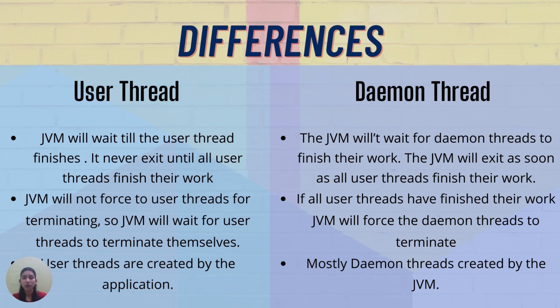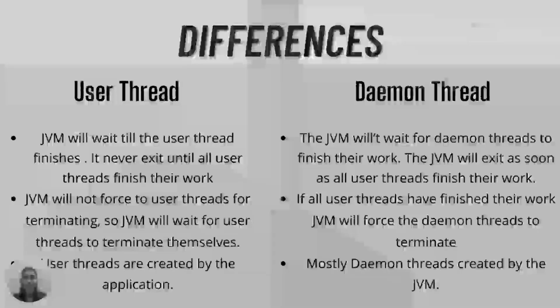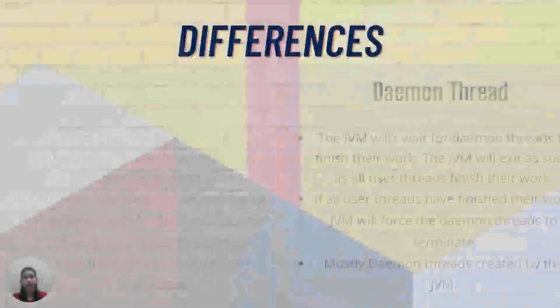The JVM will not force the user thread to terminate, while the daemon threads are forced to be terminated once the user thread finishes their work. User threads are created by the application, while mostly the daemon threads are created by JVM.